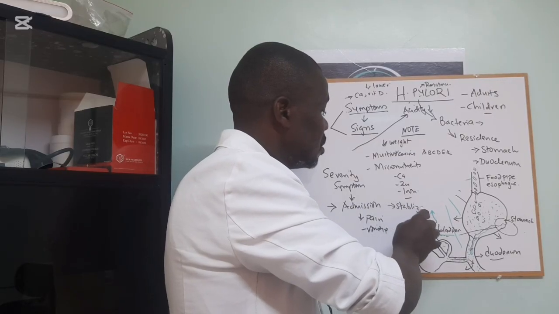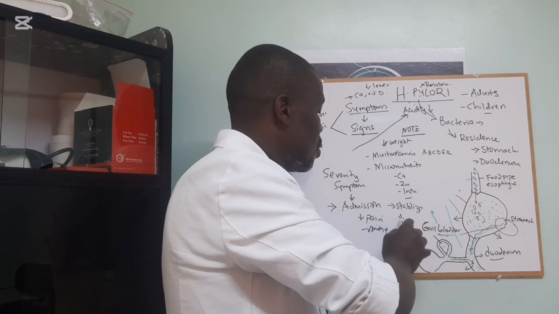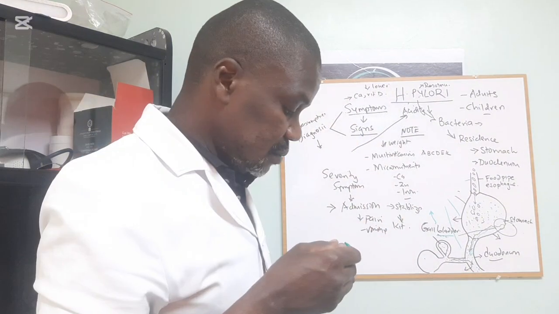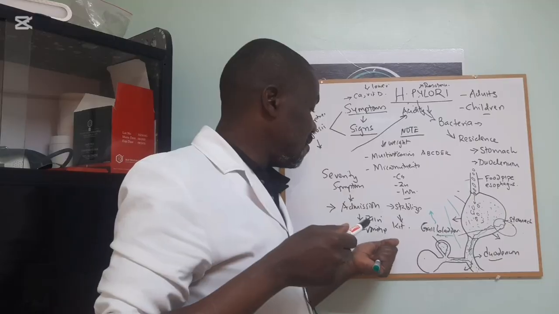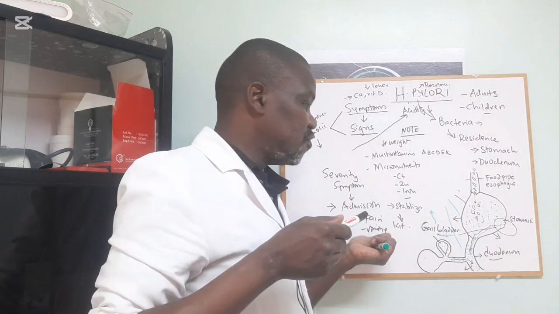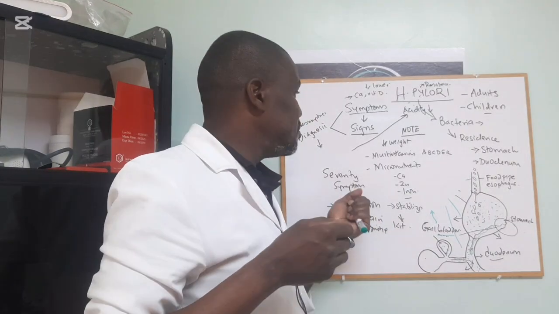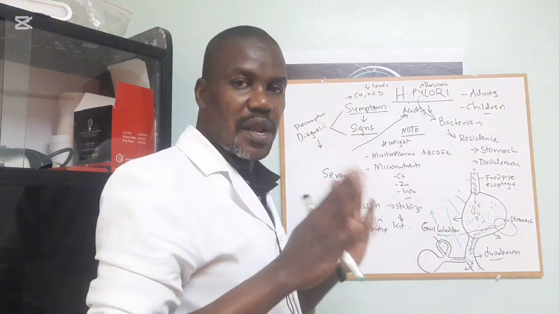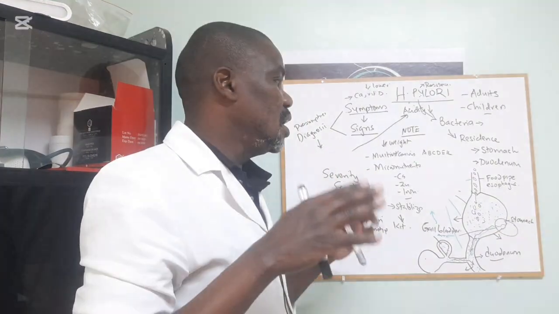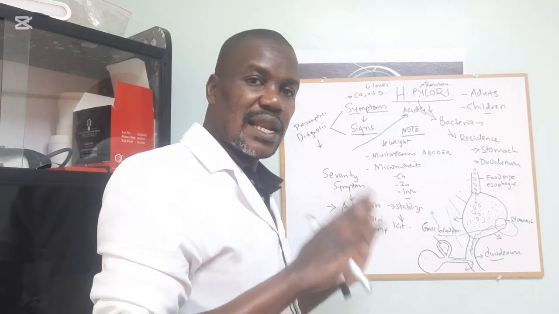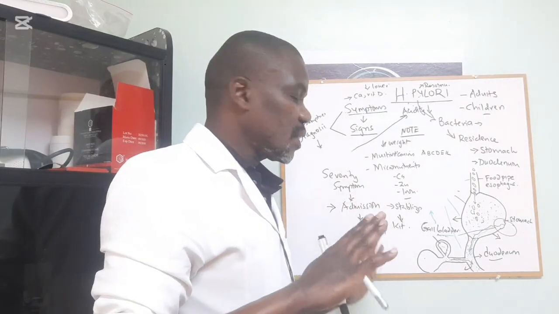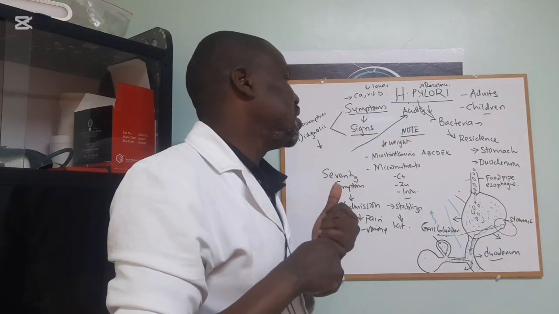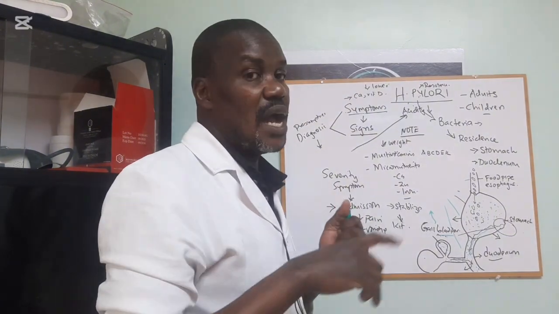Once they are stable, then they can go home with the kit. Now, the kit is not available for children. The kits that we have in the market are formulated for adults. But because we said that it is a combination of 2 antibiotics plus 1 med to reduce the acid production, that's what we just do. We calculate based on the weight and we give it as a kit to use for 2 or 4 weeks, depending on how the situation will be at 2 weeks.